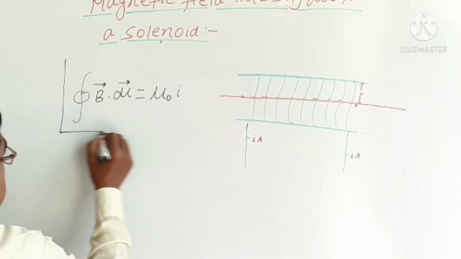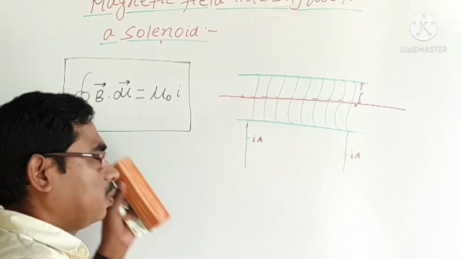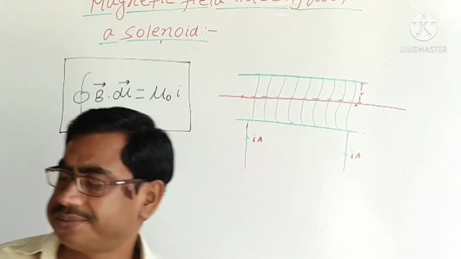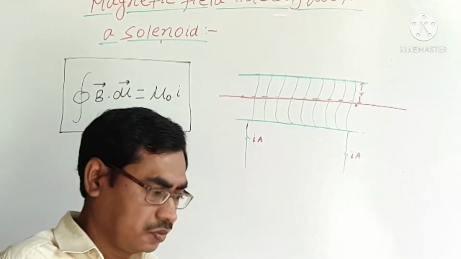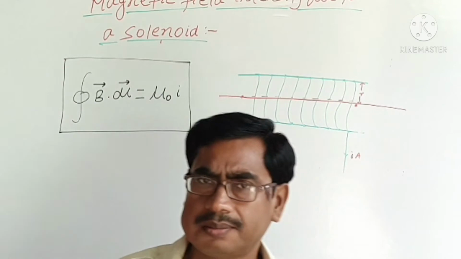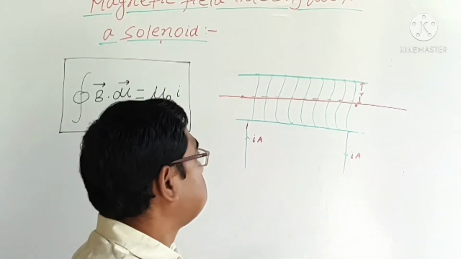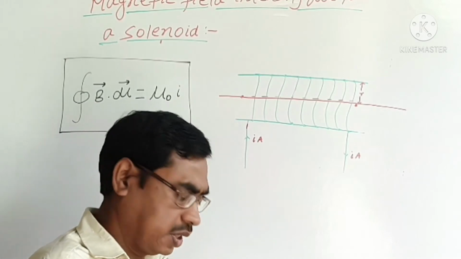This is Ampere's circuital law. With the help of this law, we derive its intensity. Okay. Then we have to draw an Amperian loop, which Ampere says.